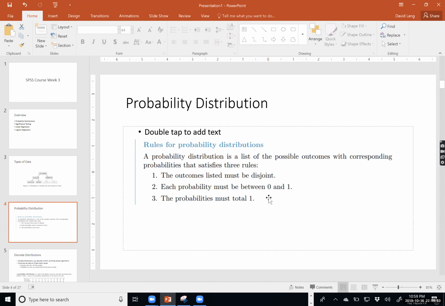Typically, the way people do this is that they normalize their sample data. But we don't need to get too far into the weeds on that.